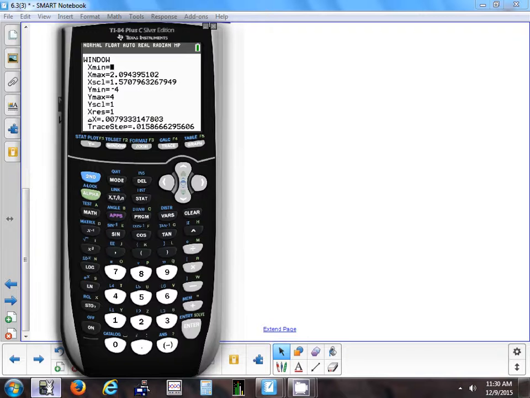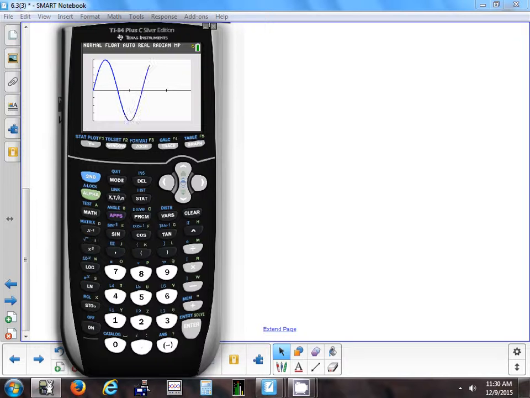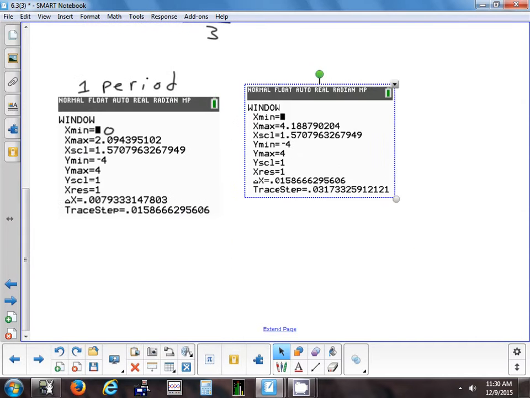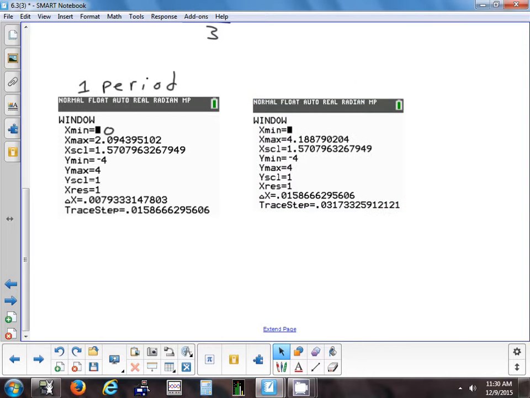You would just double the x max. Actually, I wonder if you can just take that and do times 2. Yes, you can. So there's 1 period, and there's our 2nd period. So that's the window. That would be a complete window for 2 periods.